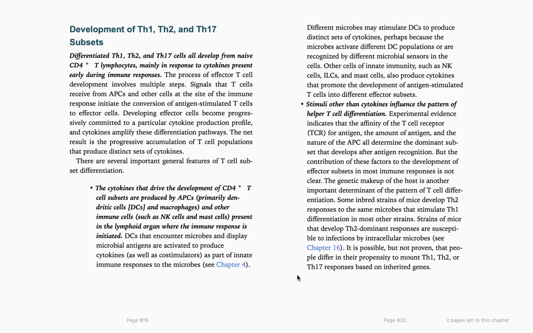The genetic makeup of the host is another important determinant of the pattern of T cell differentiation. Some inbred strains of mice develop a T helper 2 response to the same microbe that stimulates Th1 differentiation in most other strains. Strains of mice that develop a Th2 dominant response are susceptible to infection by intracellular microbes.